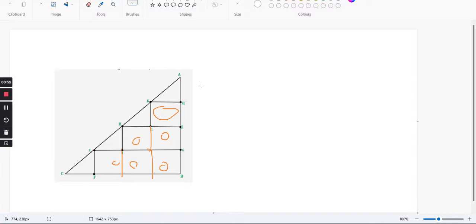When the length is 8, as you can see, this is the length. This block represents length of 2, and there are 4 blocks, so it's a length of 8. And since it is an isosceles triangle, its height and its base should be of equal length. So its base and its height are both of length 8.